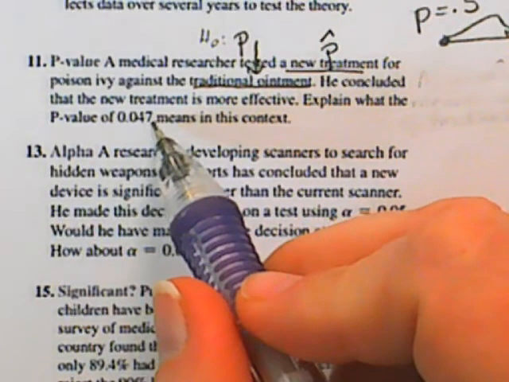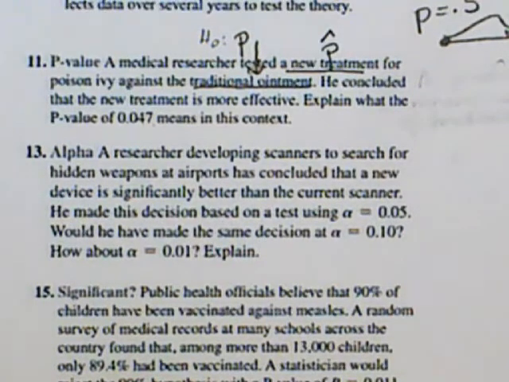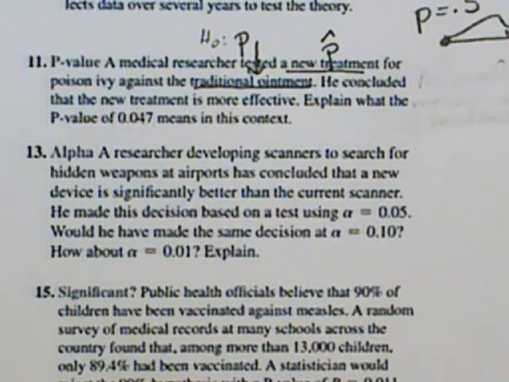With a p-value, I'm going to assume an alpha of 0.05. With a p-value so small, I reject the null hypothesis. I have evidence the traditional ointment is helping our clients the way it always has been.